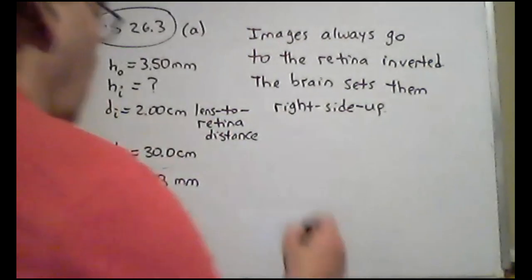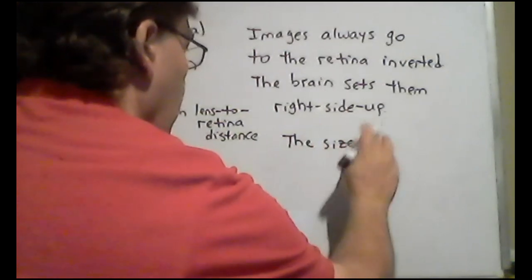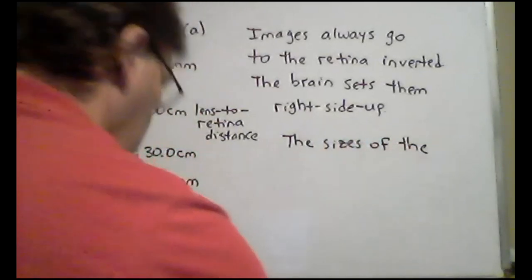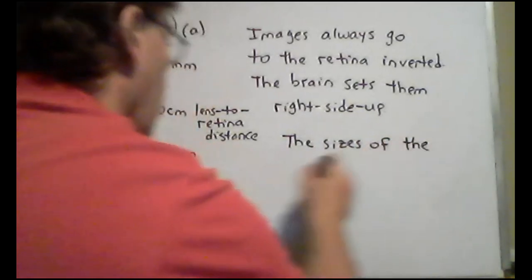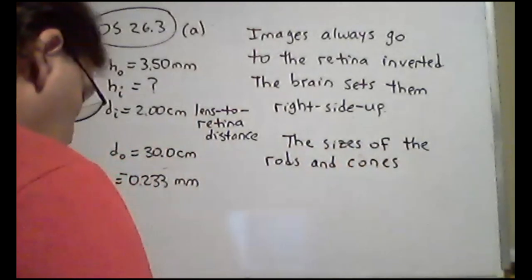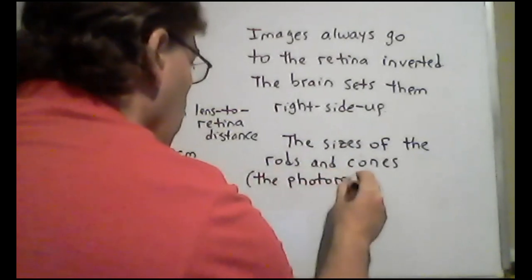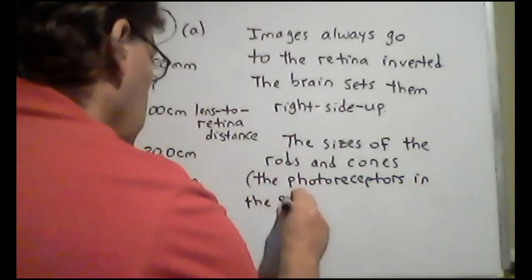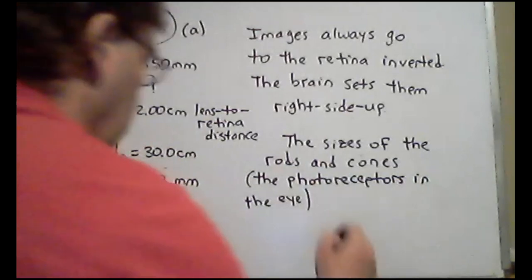Well, the size of the rods and cones, the photoreceptors of the eye, are much smaller than the image height of these letters.